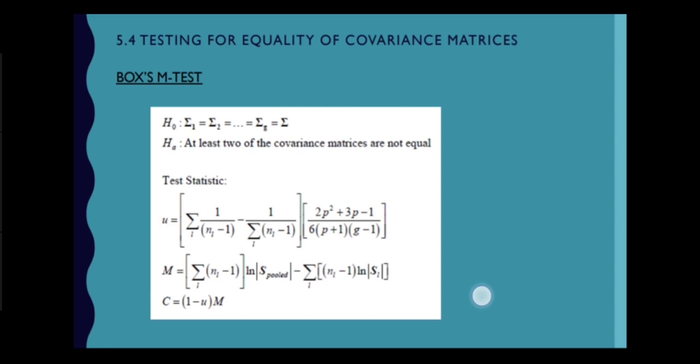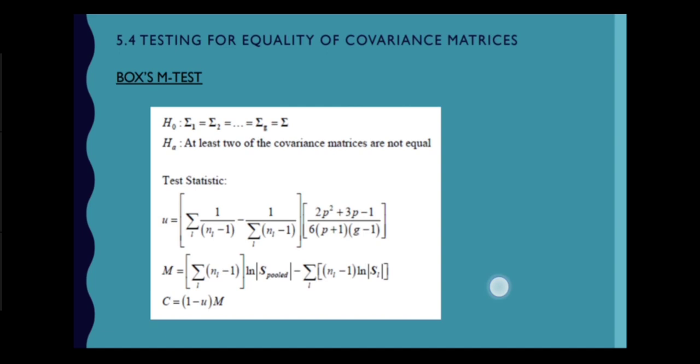Okay, ln of the determinant of S pooled, minus the summation of n_l minus 1 multiply ln determinant of S_l. So first of all, you need to know the variance covariance matrix for each of the populations.